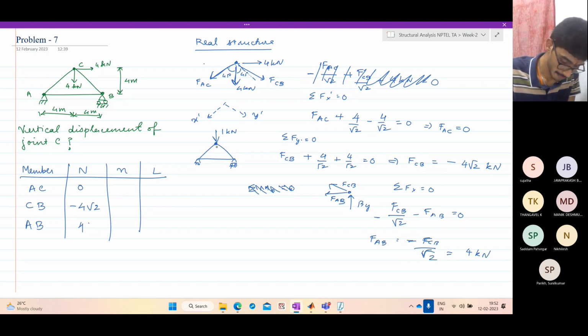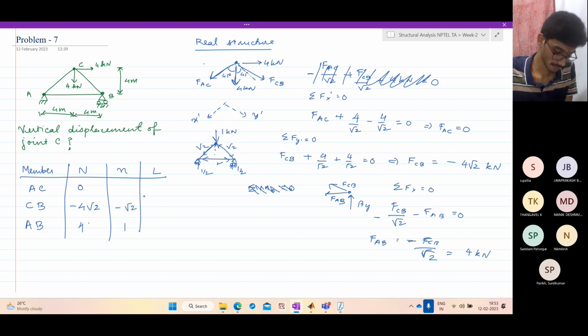So here you will get half, here you will get half, and in that case, this will be root 2 compressive, and this will be tensile, how much? 1. So AB is 1, CB is minus root 2. And this we don't bother because anyway it is 0.